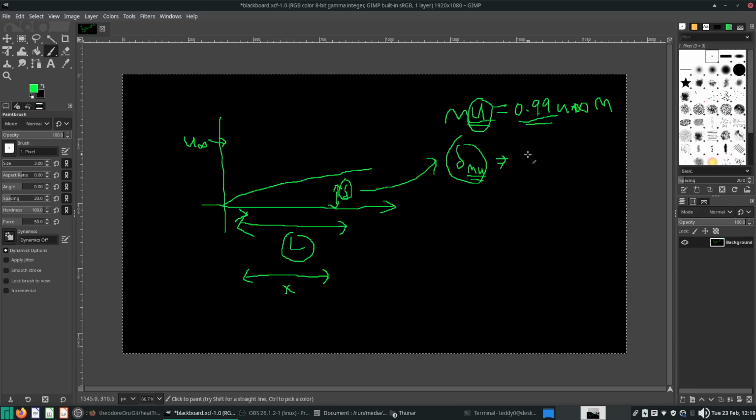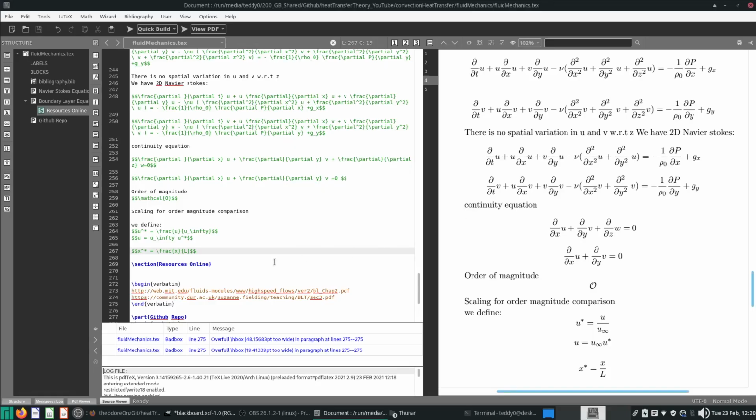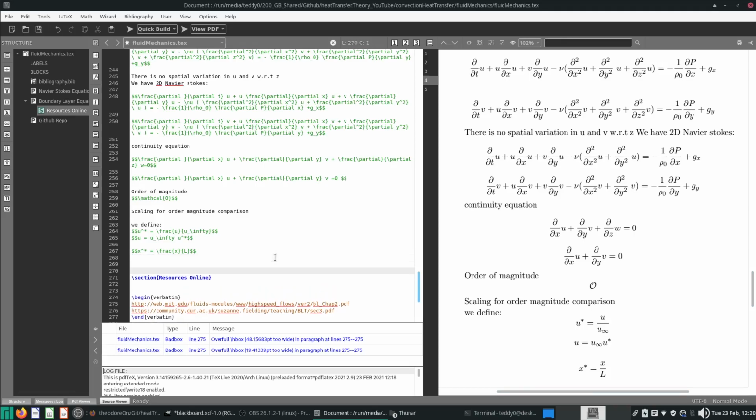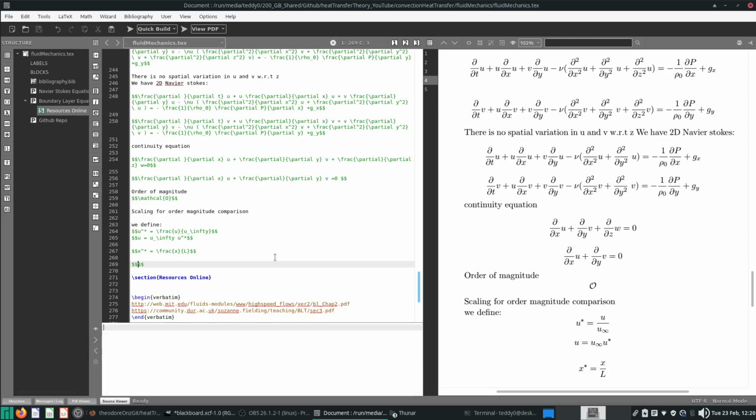So this delta is a very good length scale for y. x has a length scale of L, and the y coordinates of interest within the boundary layer have a length scale of delta momentum. Let's express this: y star equals y over delta.